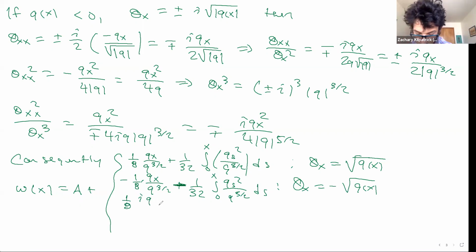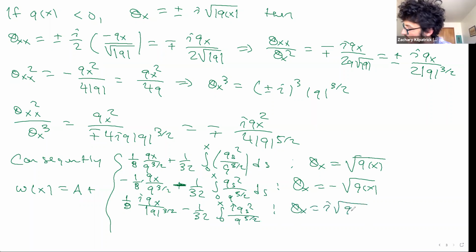And then we have i q_x over absolute value of q to the 3 halves minus 1 over 32 integral from 0 to x i q_s squared over q to the 5 halves. So this is when theta x is equal to i square root of q, and then absolute value of q.